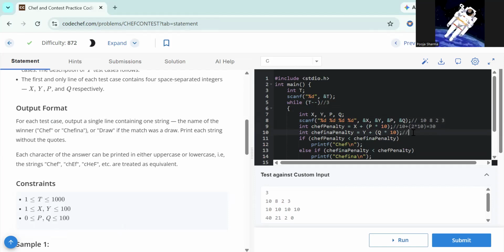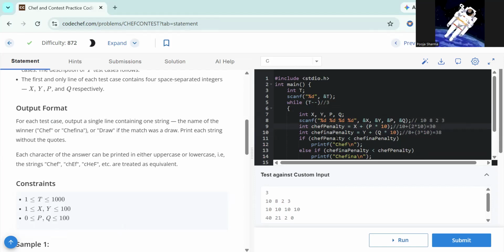Now, let's talk about Chefina's penalty. What is the value of Y? That is 8 plus 3 multiplied by 10. So, what is the value? It becomes 38.